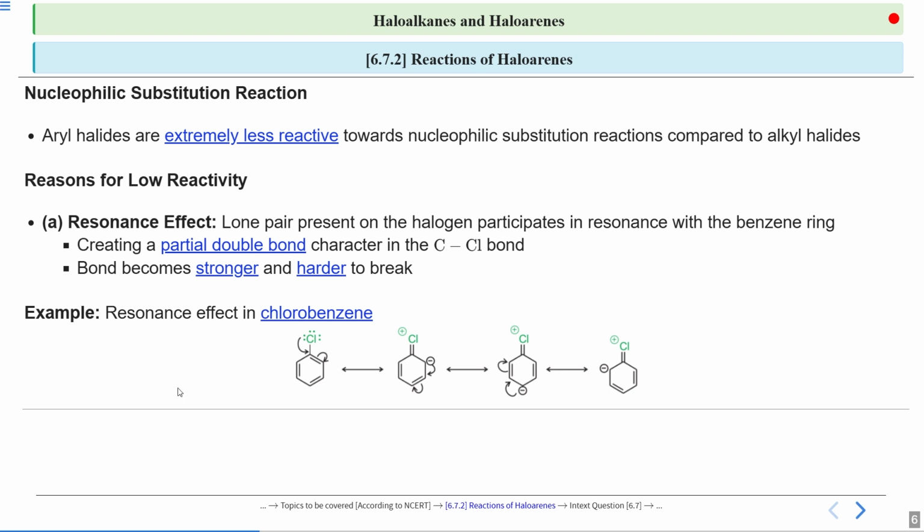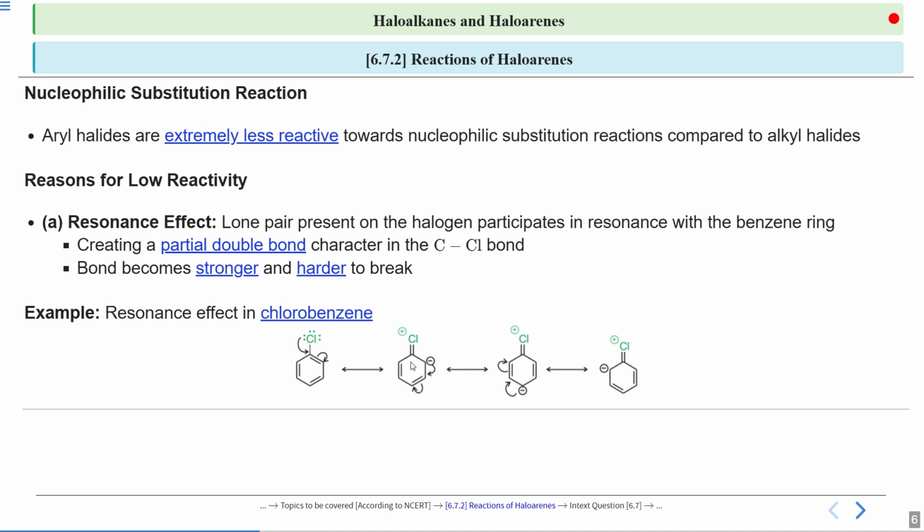Okay, so this is a chain, you can say this is a resonance effect you can observe when a chlorine atom is bonded with the benzene. As I said, the resonance effect in chlorobenzene is described in this image step by step, and you can see clearly that there is a partial double bond character in the carbon chlorine bond, due to which this bond becomes stronger and it becomes very hard to break it for the attack of the nucleophile.